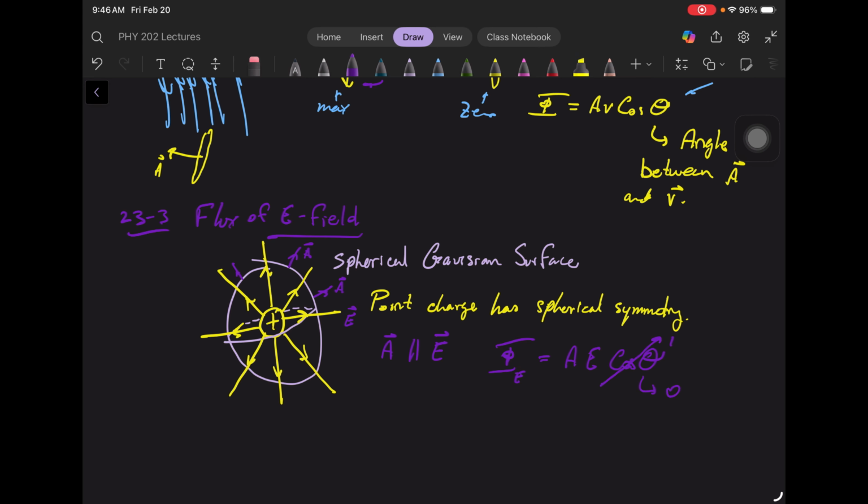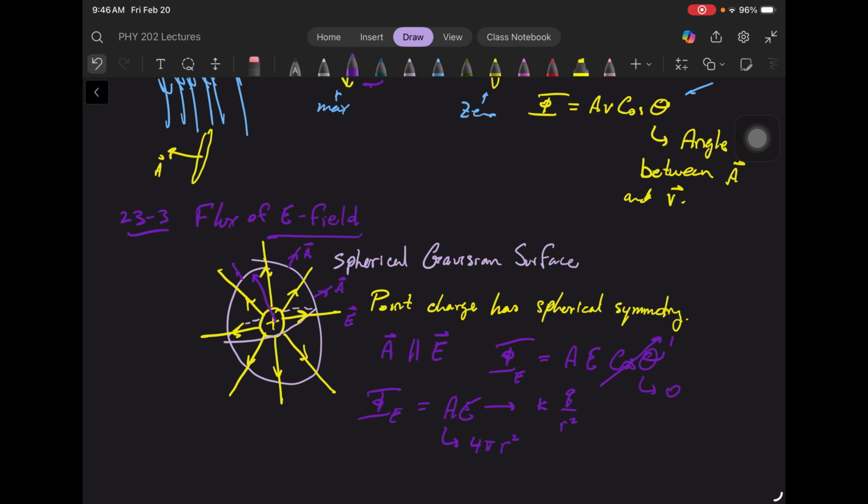And so you get the total flux is just A E, right? So the area of the sphere, 4 pi r squared, times the electric field. And here, since it's a point charge, we know the electric field has a value of kq over r squared, right?